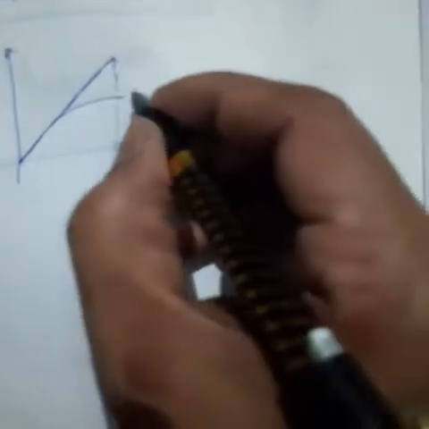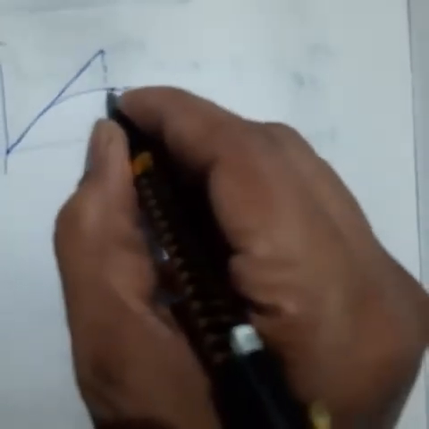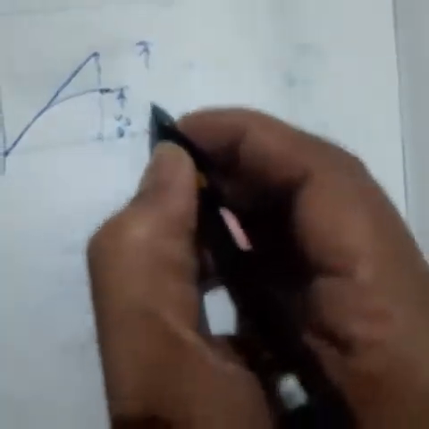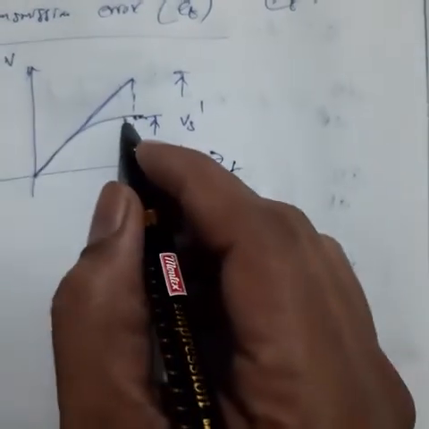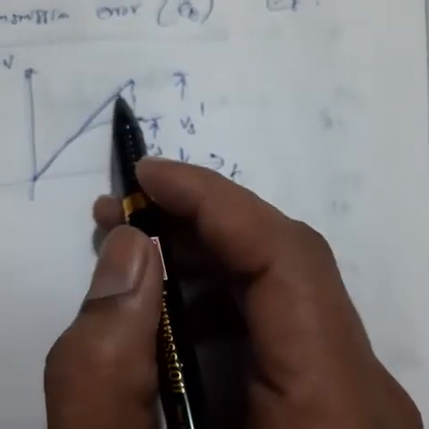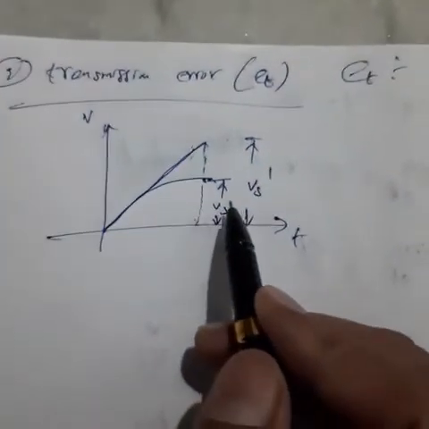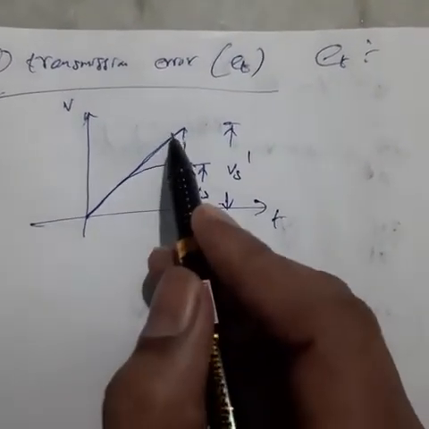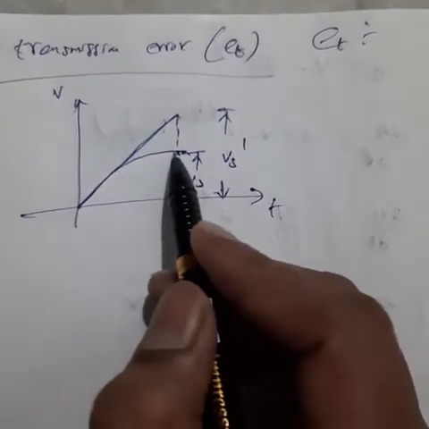This is the linear waveform, but we will get a deviation like this. While transmitting, the waveform will be deviated like this. This is Vs' up to here, and up to this ramp, this is Vs. That means Vs' is the input signal and Vs is the output signal. Actually we have to transmit this, but at the output section we will get it like this.